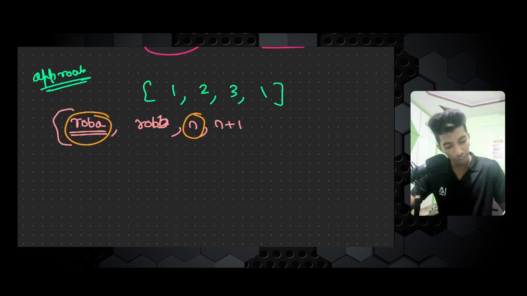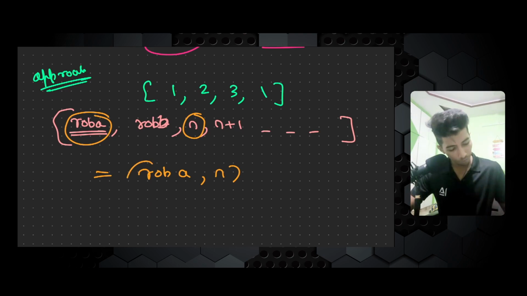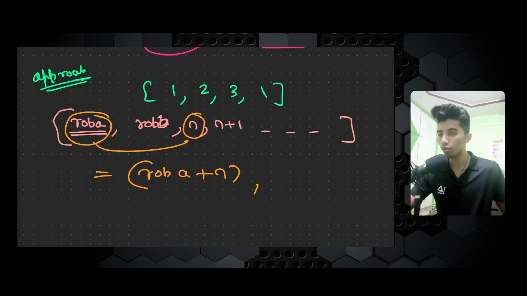Now I am not restricting this array over here, this array will keep on moving. So what I have to do, I will have to calculate this first. If I choose rob A, then I have to choose n for going further, correct.